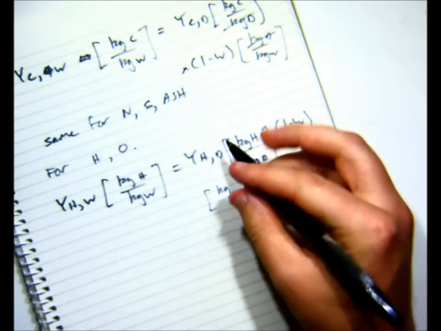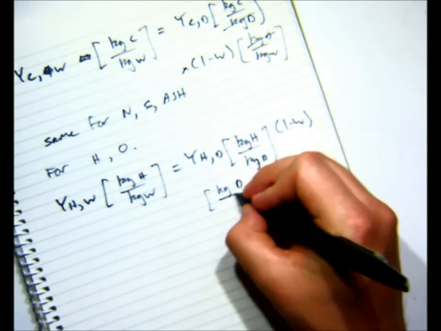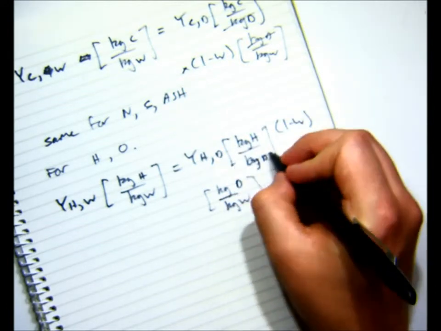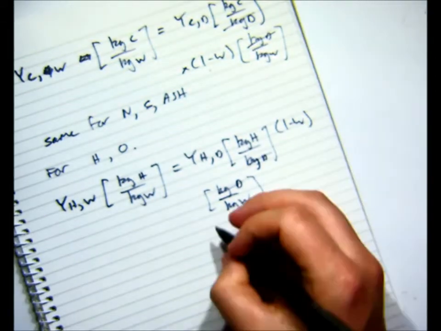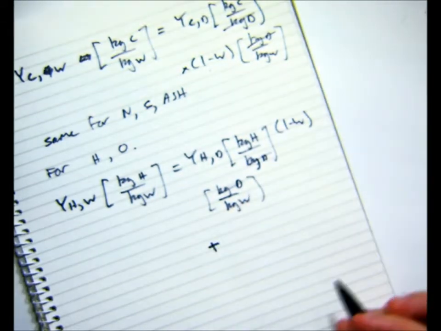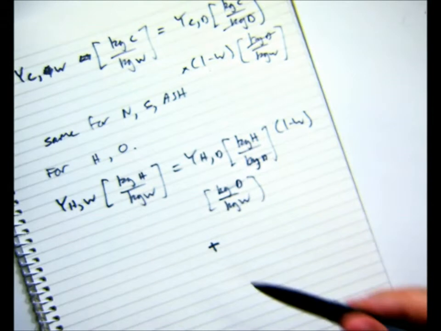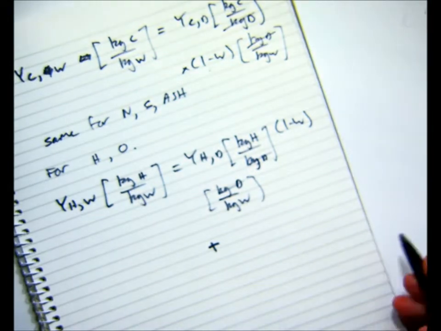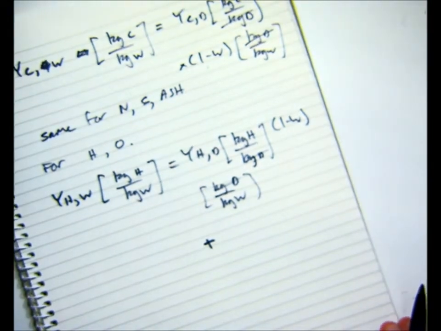So just write the units down here: kilogram dry per kilogram wet. That cancels, so that's fine. But plus sign, because there is also an H component in the water. So what is that component?